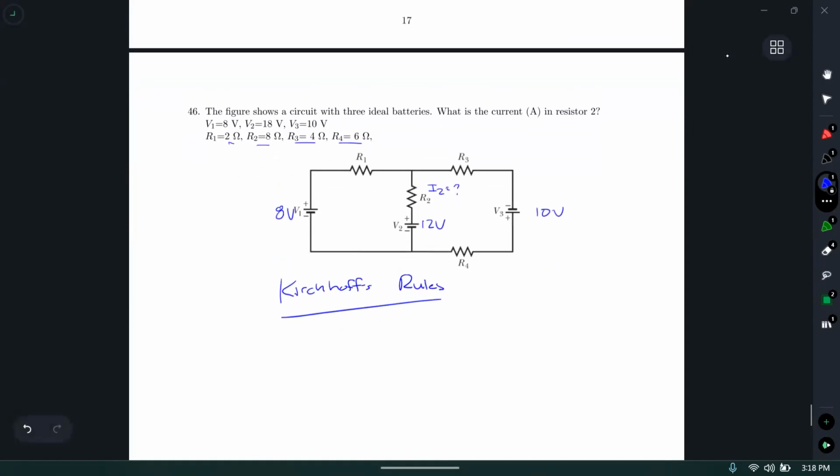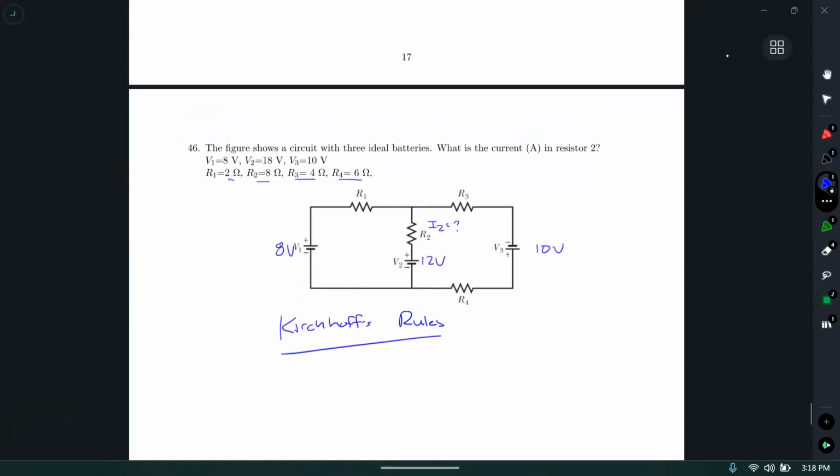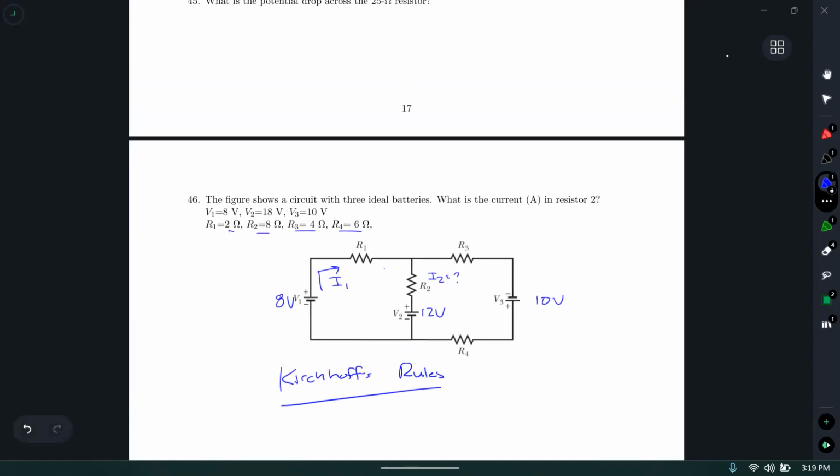Okay, first thing I should do is just draw some currents based on the branches I see. And in my head, I see this first battery. I'm going to say this is I1. It's the current leaving that battery. If I drew it the other way around the circuit, there would be nothing wrong with that. That's just my choice. So this is I1.